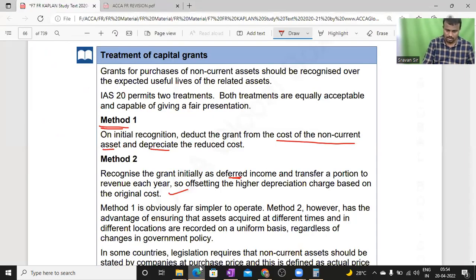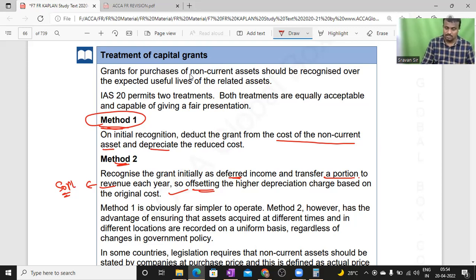So in method one, the amount of grant received is deducted from the book value or cost of the non-current asset and the reduced cost is depreciated over the remaining useful life. And coming to method two, it is shown as a deferred income and a portion is transferred to revenue, that is, the statement of profit and loss each year, offsetting the higher depreciation charge based on the original cost.